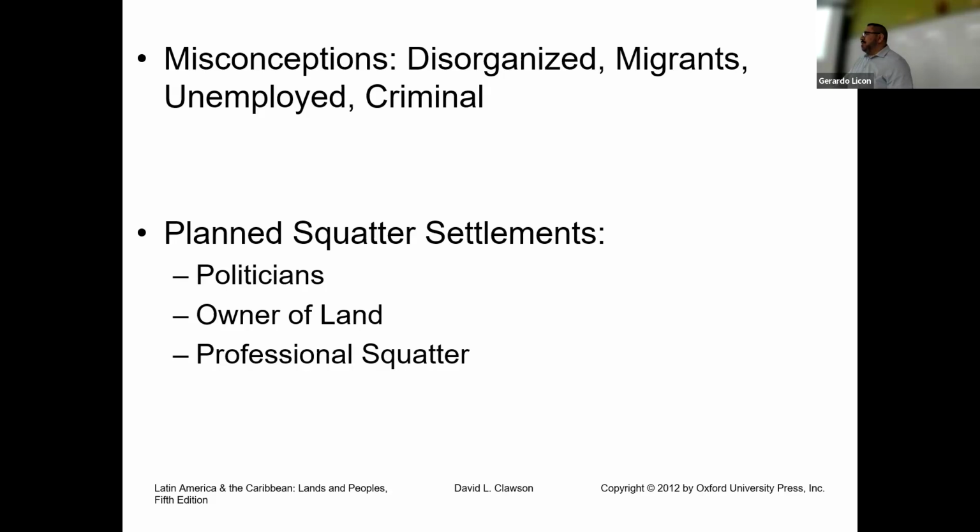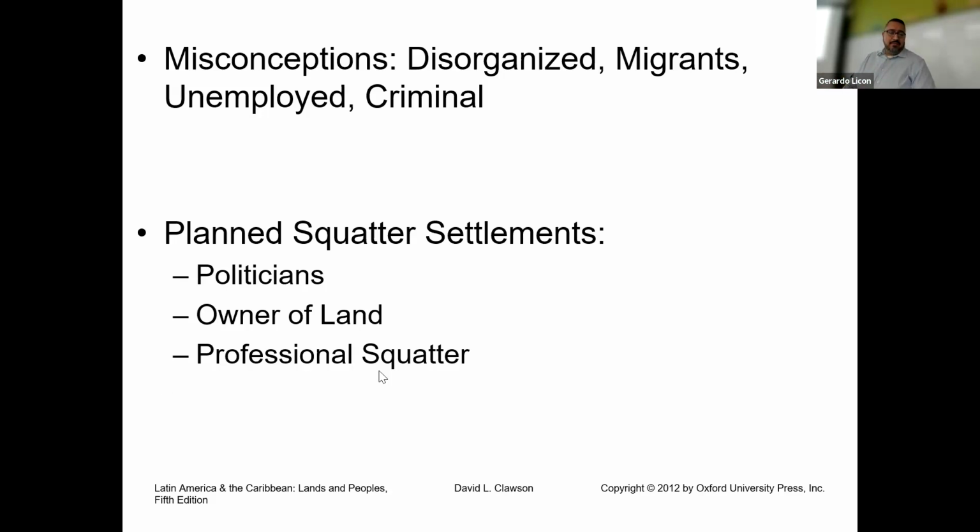And once there's a squatter settlement, they can then get the government to bring in roads, indoor plumbing, electricity, telephone lines, whatever, the infrastructure that is going to raise the value of this landowner's property. Not to mention, they'll also ask the government to pay them for the land that they lost to the squatters. So it's kind of a win-win for them. The government pays them for the land they lost when they recognize the squatter settlement, and the rest of their land gets infrastructure and higher property values.